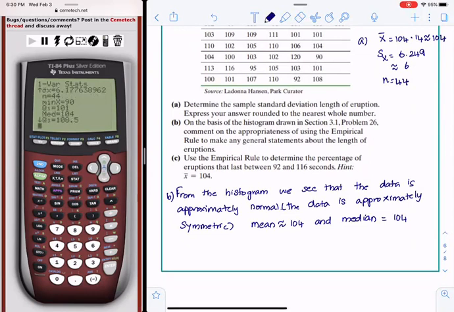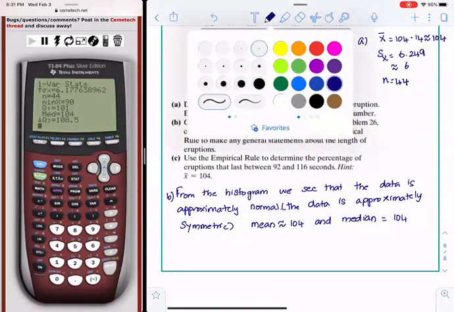So now we want to use the empirical rule to determine the percentage of eruptions that last between 92 and 116 seconds. In other words, if we determine how many standard deviations each of these data points are, then we can determine the percent of eruptions that last between 92 and 116 seconds.